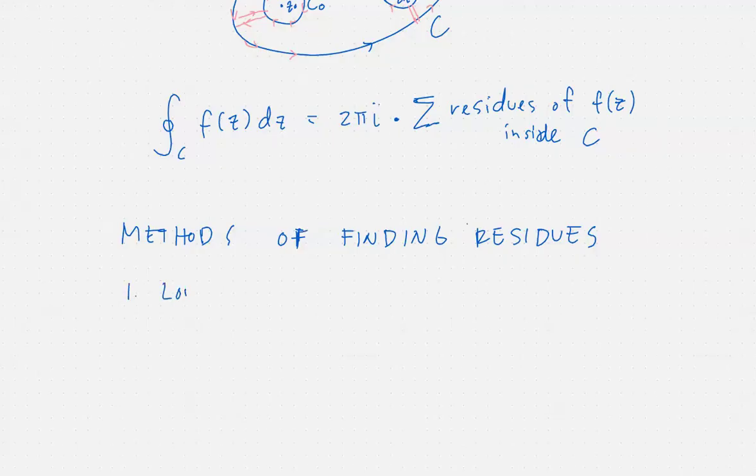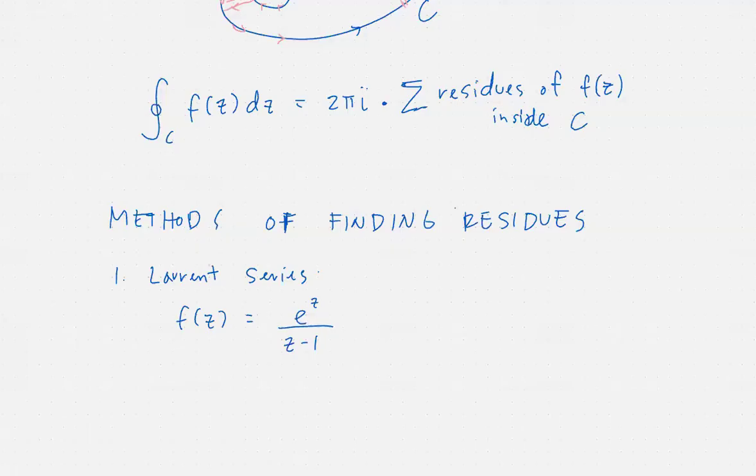So, for example, if we have f of z equals e raised to z over z minus 1. Okay, now the singular point here is 1, right? Because if we substitute 1 to z, it's going to give us an indeterminate or undefined value.